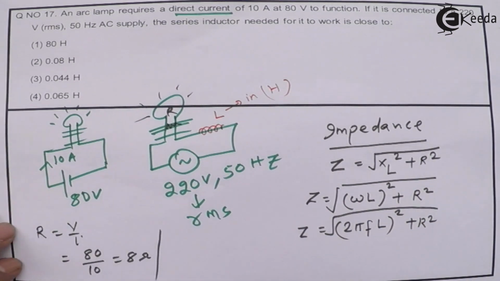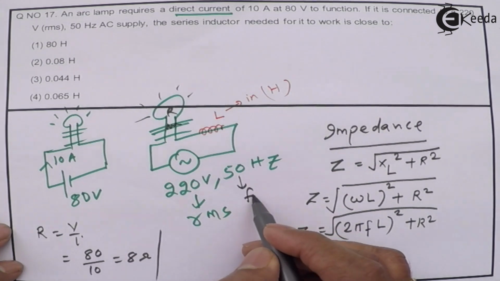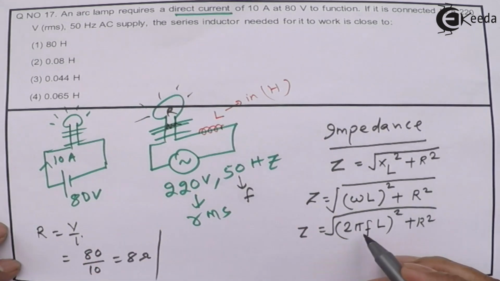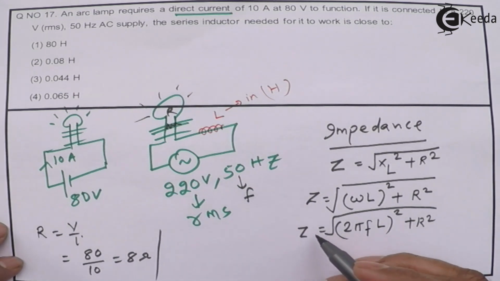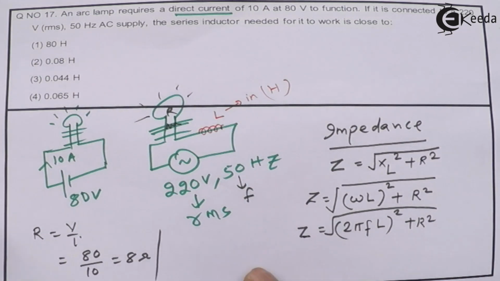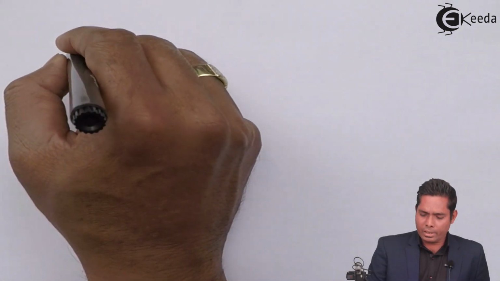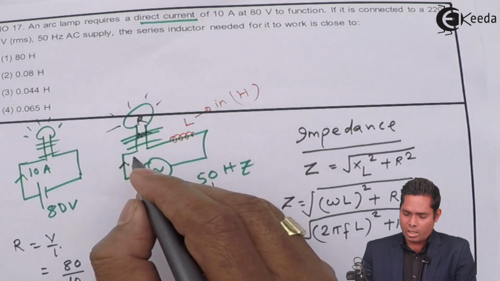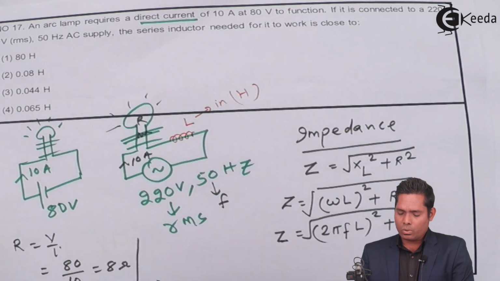If I substitute this value, this is your F and this is your R, putting that into Z, we have the current that is required to function, this is 10 ampere. You have to supply this here also.